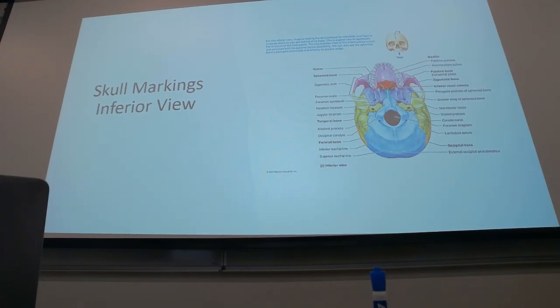Palatine has this horizontal plate that forms the posterior part of the hard palate. And these maxillary processes, this maxilla has the palatine processes that together with this palatine bone form the hard palate.